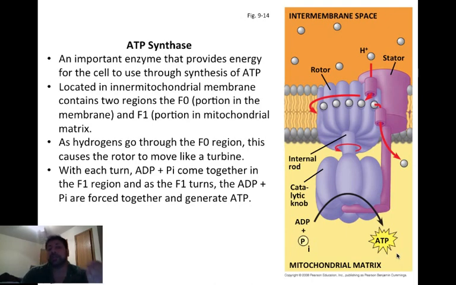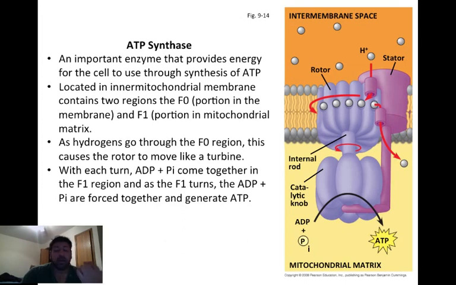So basically the hydrogens are coming through, helping to generate the motion and start pushing the turbine of the ATP synthase, making it move. And the ADP and Pis that are free flowing in the mitochondrial matrix get caught up in the ATP synthase, and ATP is generated. That's how it happens. And again, this is where the majority of the ATP is generated in cellular respiration.